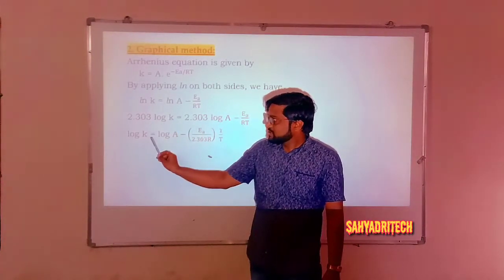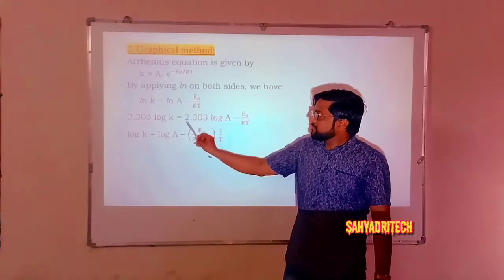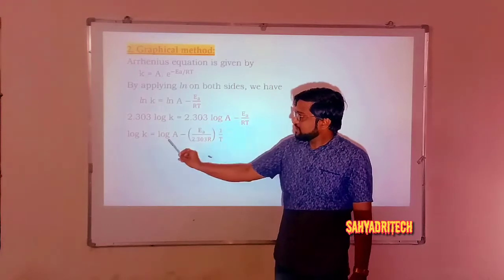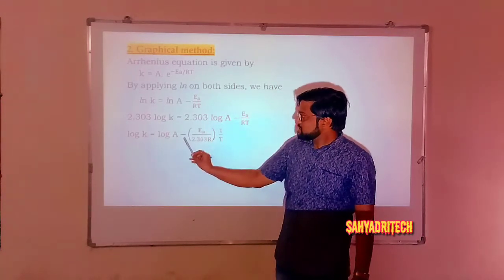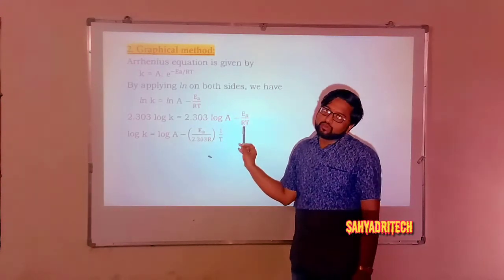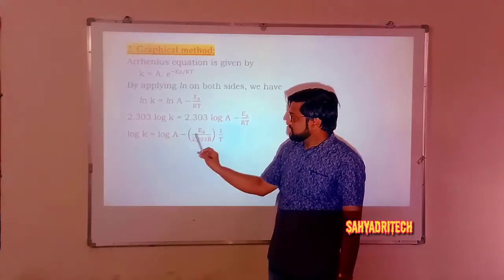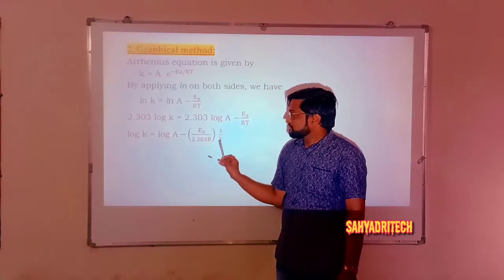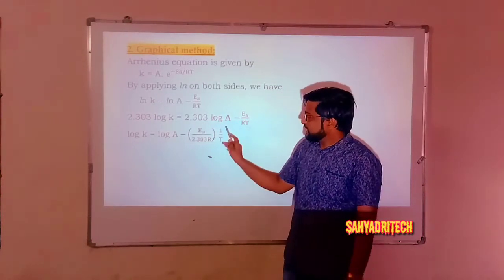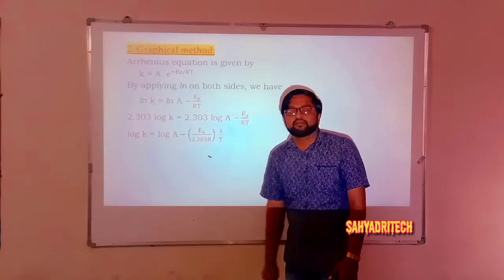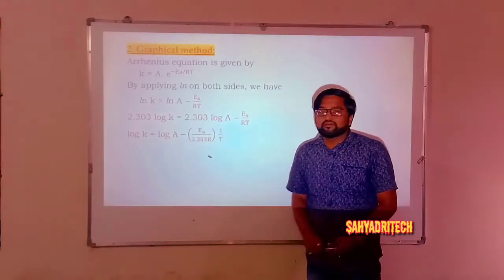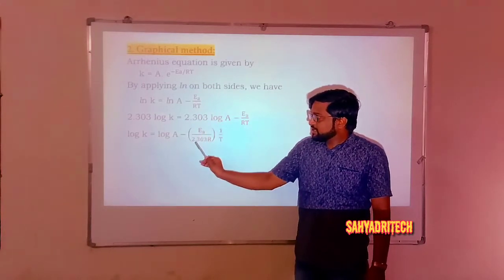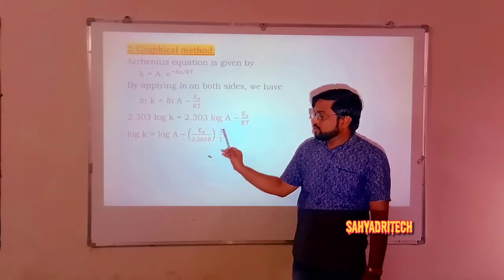Log K is equal to, the second term, if it is divided by 2.303, both will cancel, so remaining will be log A, minus, the third term divided by 2.303, so I can say minus Ea divided by 2.303 R into 1 by T. For convenience, I have taken this 1 by T outside the bracket. Well, this equation is log K is equal to log A minus Ea divided by 2.303 R into 1 by T.